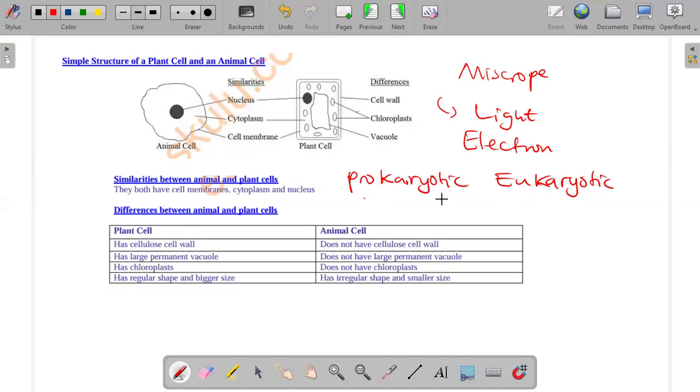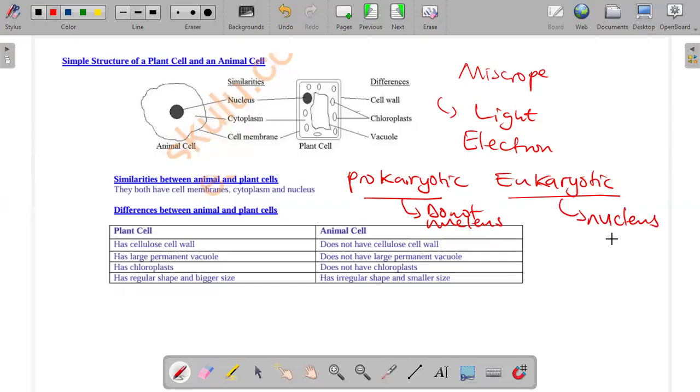The prokaryotic cells do not have a nucleus. It means that their genetic information, or their DNA, is just roaming in the cell. Then we have the eukaryotic cells. These have the nucleus.